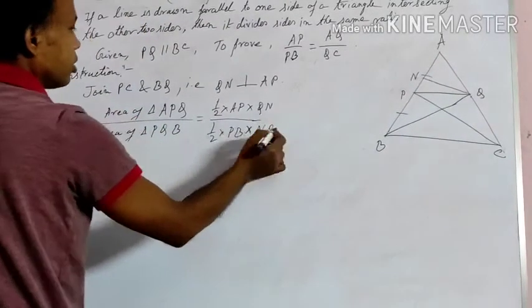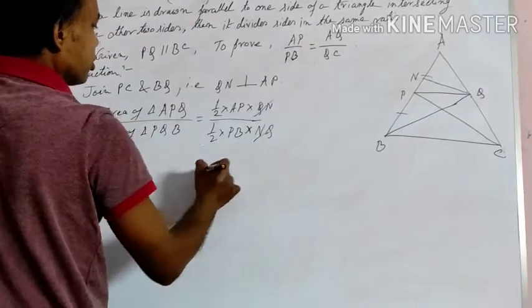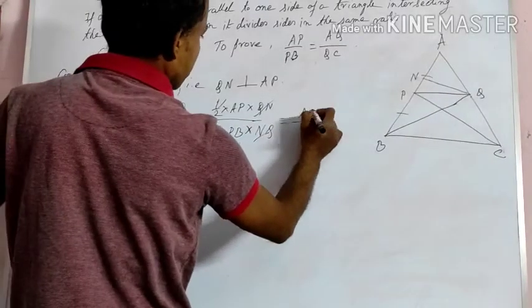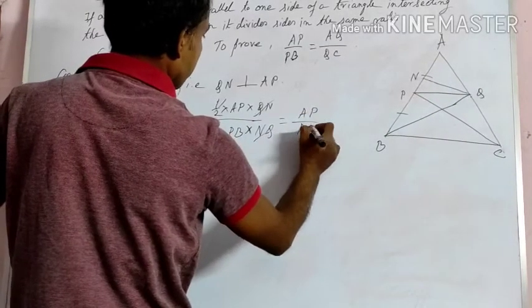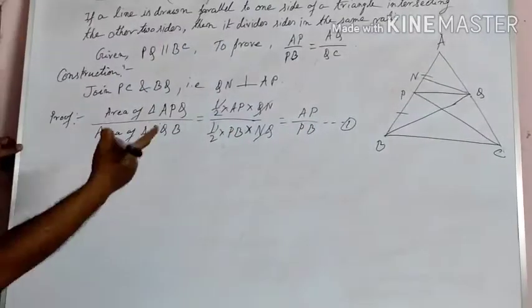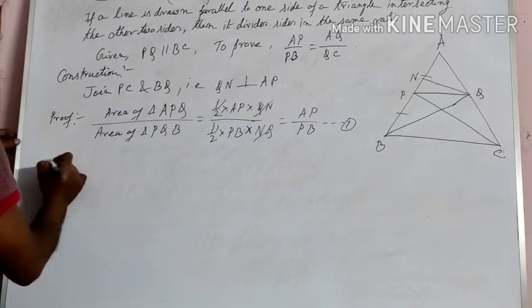QN or NQ is the same, so it cancels out, half also cancels out, therefore AP by PB. This is equation 1.